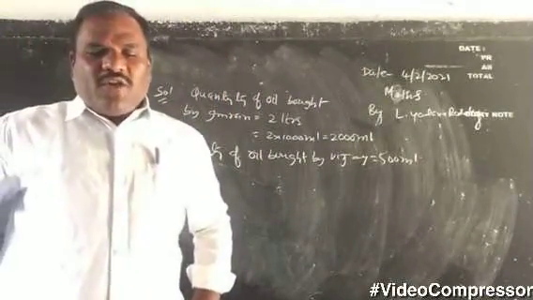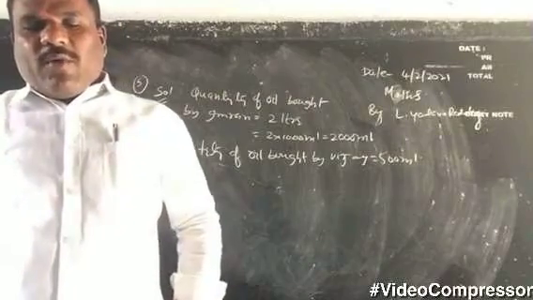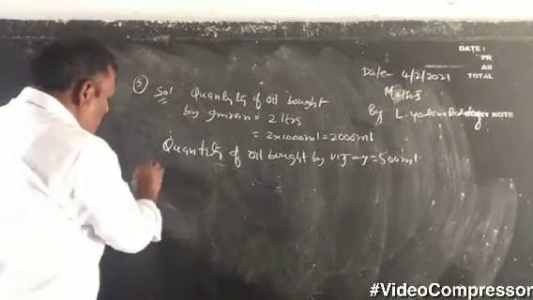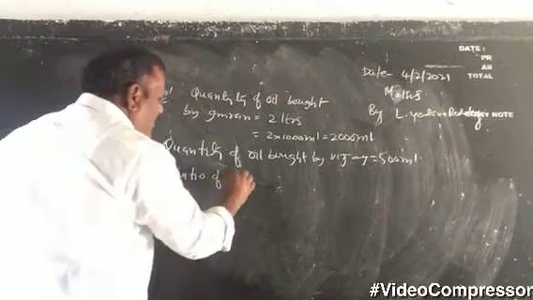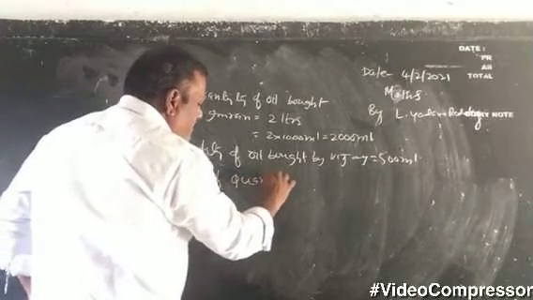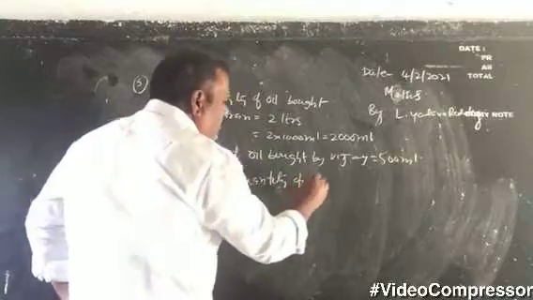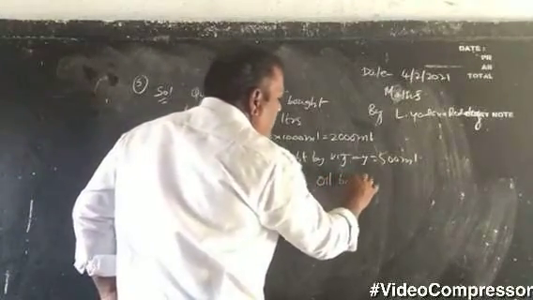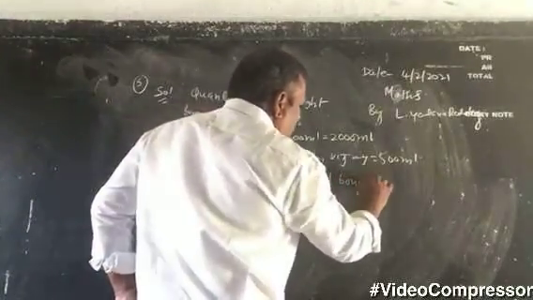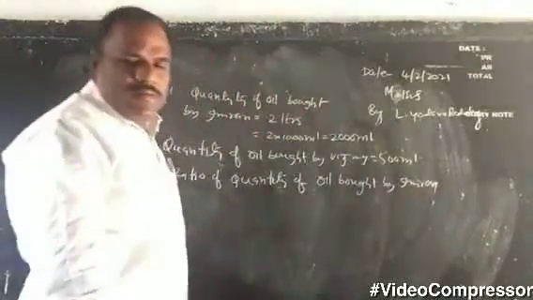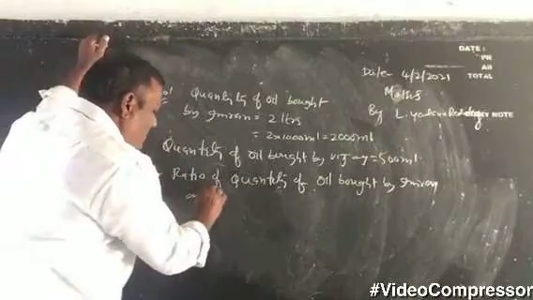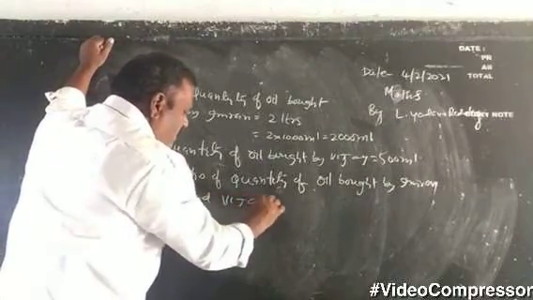Now, the ratio of quantities of oil bought by Imran to oil bought by Vijay. Therefore, the ratio of quantity of oil bought by Imran and Vijay equals how much?